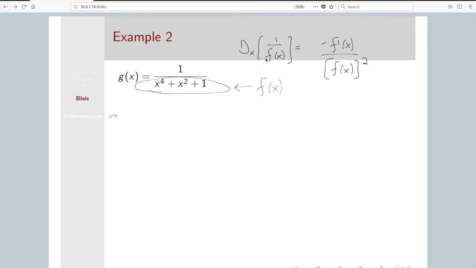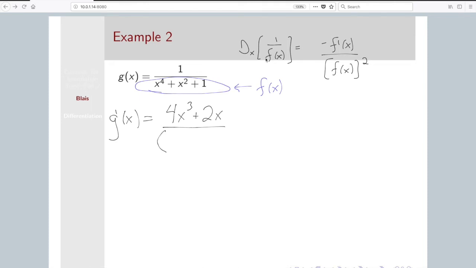So our derivative, g prime of x, applying our reciprocal rule with this denominator playing the role of f, will have the negative of its derivative, so calculate the derivative term by term, 4x cubed plus 2x plus 0, over f of x, that denominator here, squared.